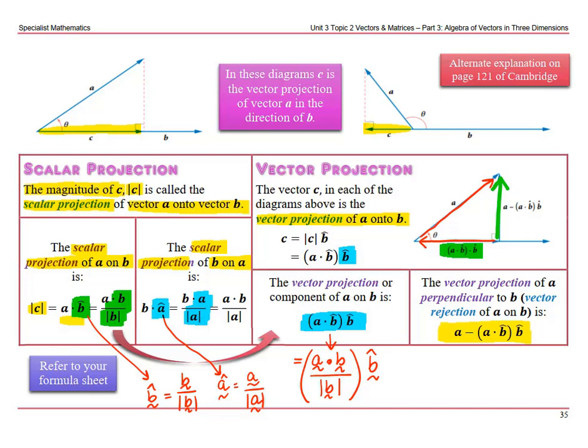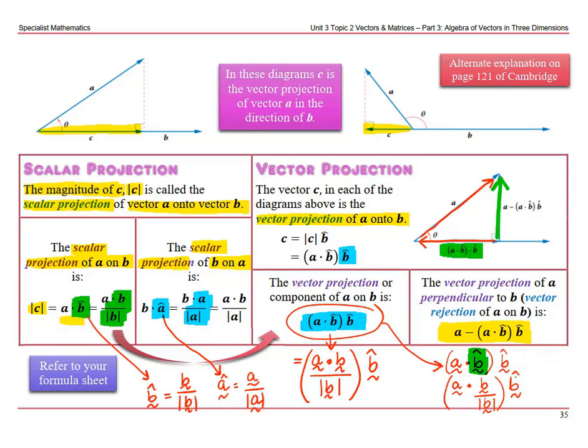Okay, so looking at this next formula here for the vector projection or component of A on B. You have A and the unit vector of B as a dot product, times the unit vector of B. All we're doing is replacing this unit vector of B with B over the magnitude of B. So you don't have to remember lots of formulas.